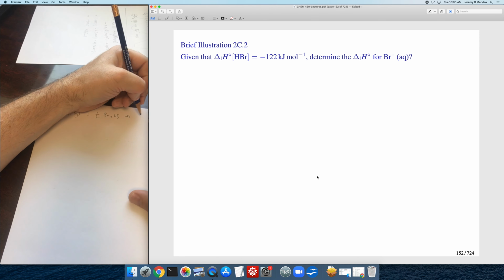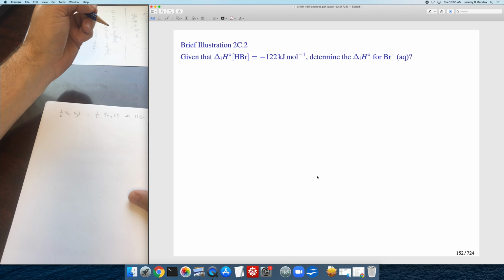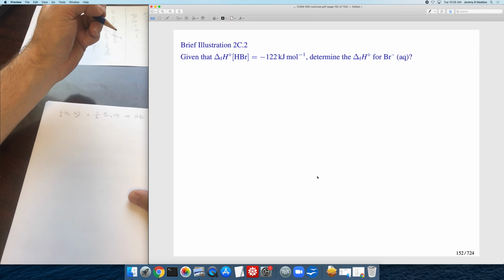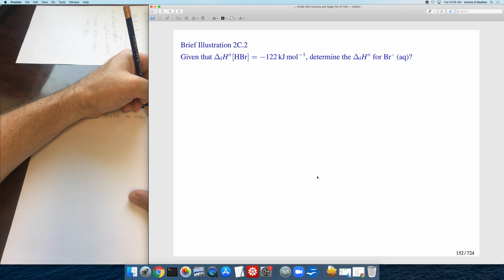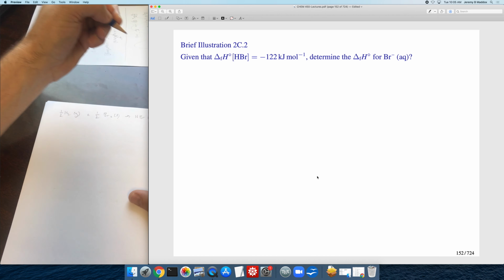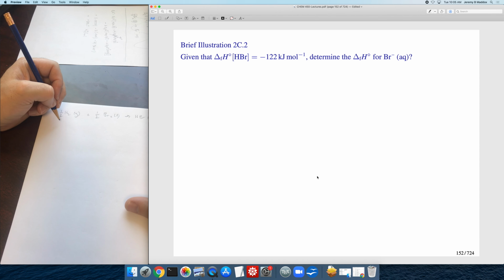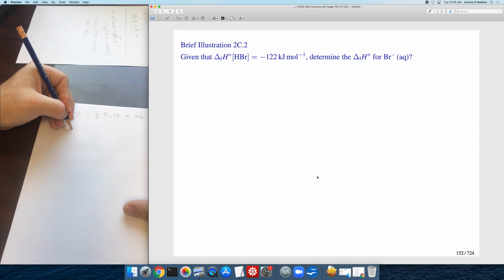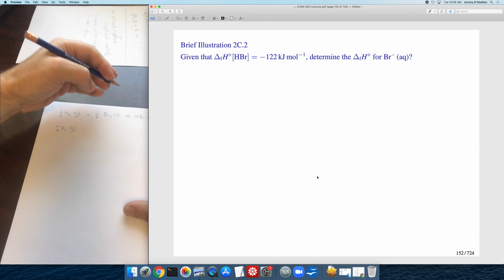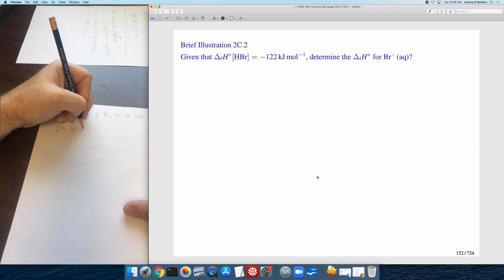So they give us the formation enthalpy for hydrobromic acid, I believe. And we would also have then the formation reaction for hydrogen to hydrogen ion.